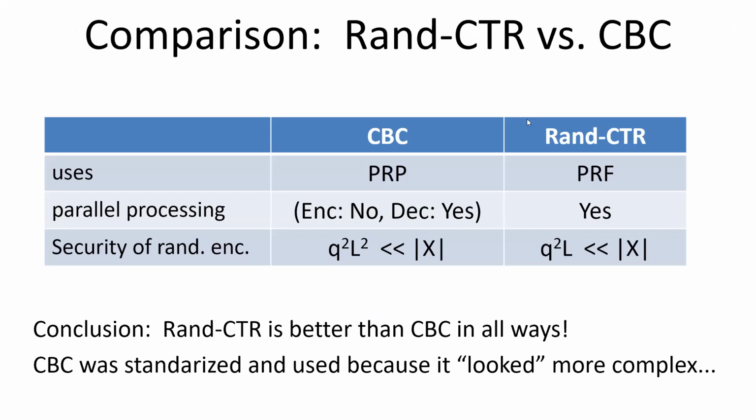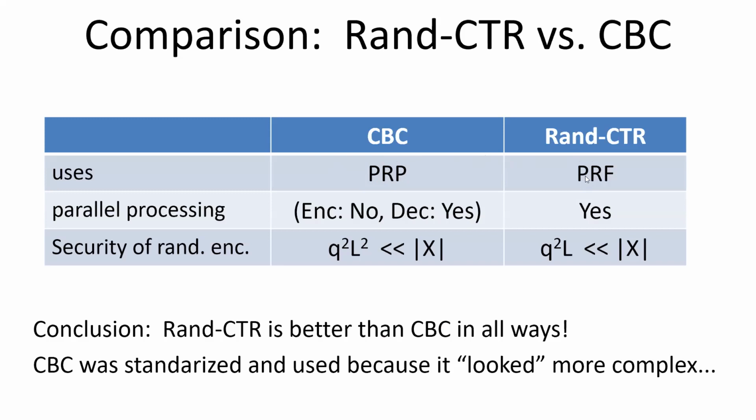If you compare this analysis of CBC and randomized counter mode, basically everything is worse for CBC. First, it requires the circuitry of the cipher to be invertible. In truth, if we start with a block cipher, it is invertible; it is designed to be invertible. On the other hand, Rand-CTR could use a simpler circuitry.